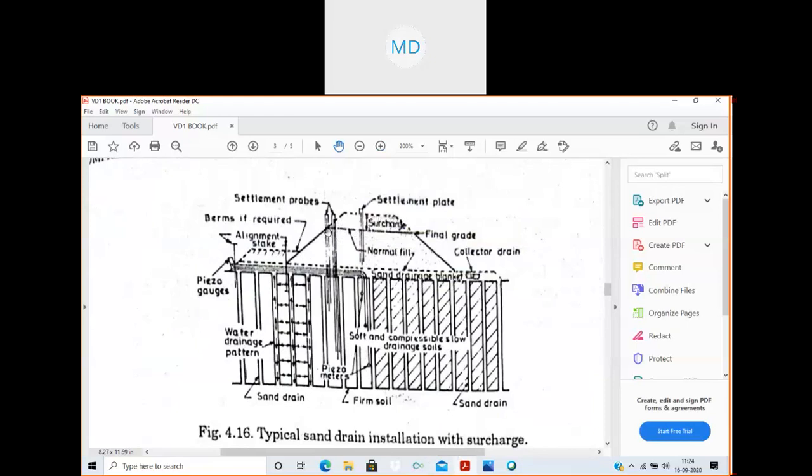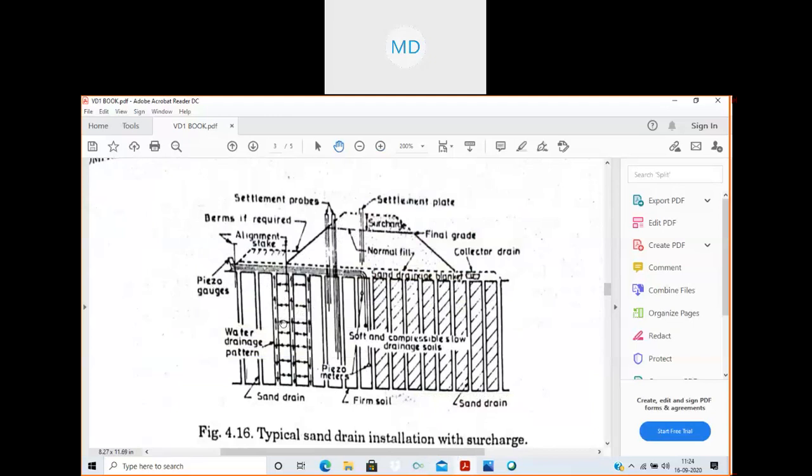These things I have already told you. And these vertical lines you are seeing are the wick drains or sand drains, we can say. Sand drain is also called wick drain. These are the vertical drains that are inserted, and now the pore water below moves in this direction or also in this direction. You can see here it is shown.